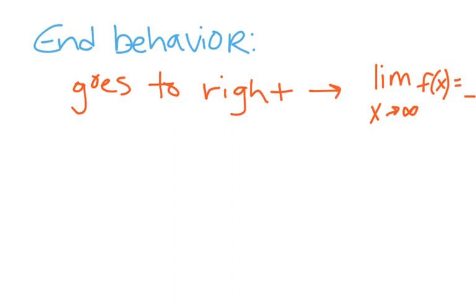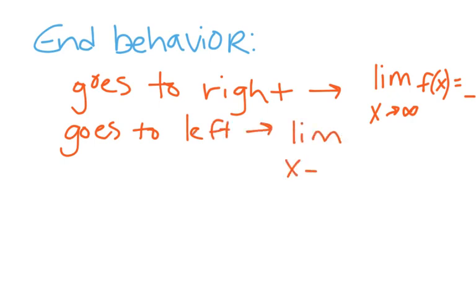So maybe a number, maybe infinity. If we're talking about it going to the left on the image, that would be the limit as x goes to negative infinity of a function.